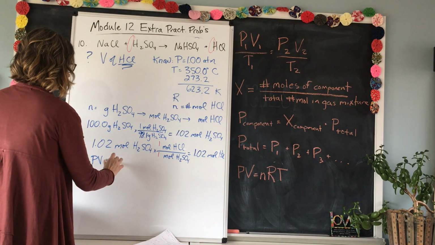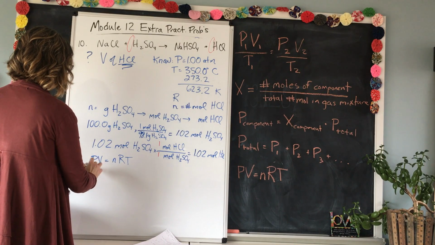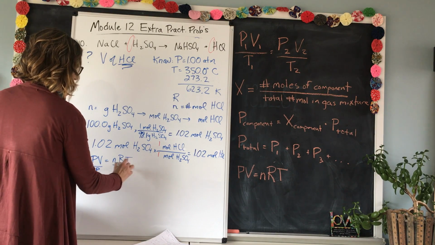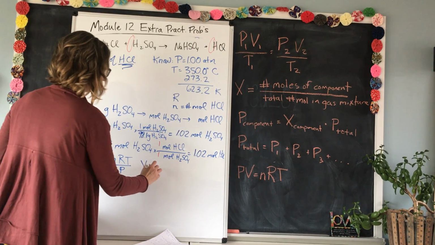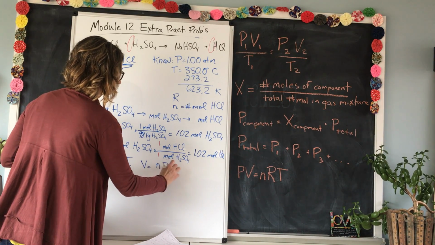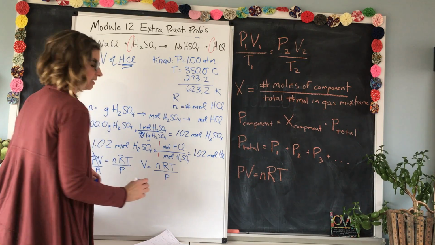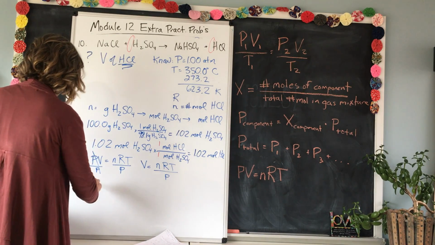PV equals nRT. We'll divide both sides by the pressure to solve for just V. V equals nRT divided by P. Now we will plug in those values.